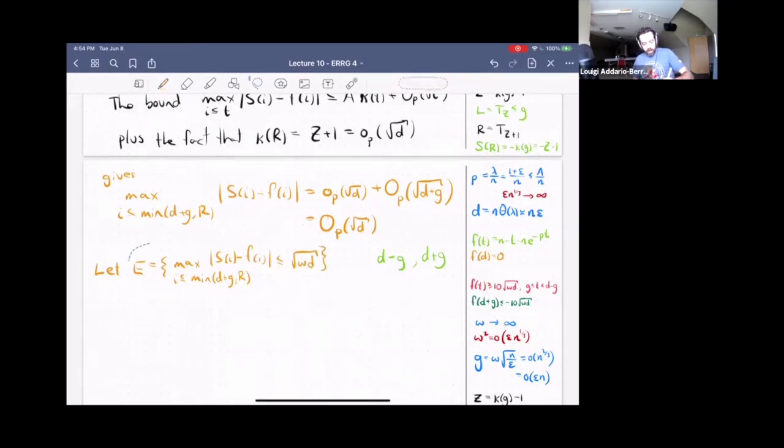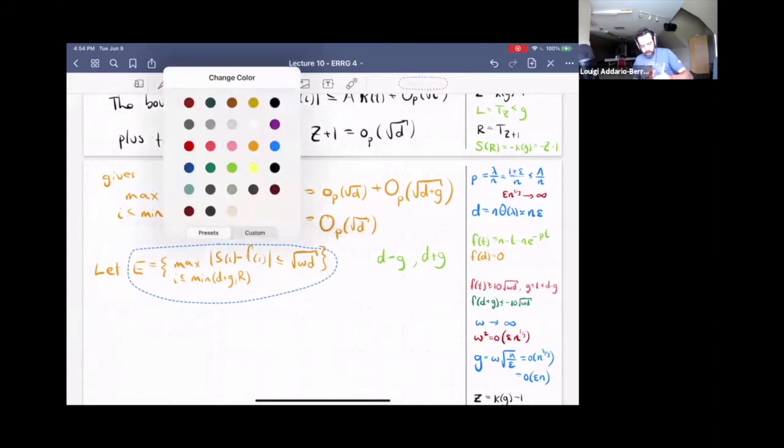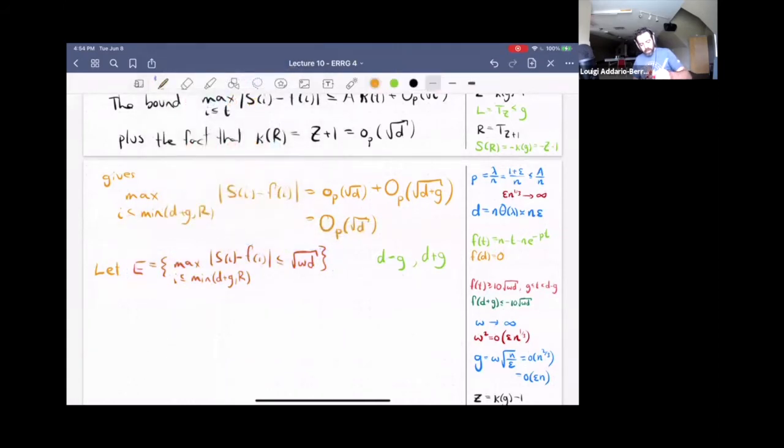Okay, so that's my good event, right? And then the bound we just proved here, that this maximum error is order root d, immediately says that the probability of E tends to 1.